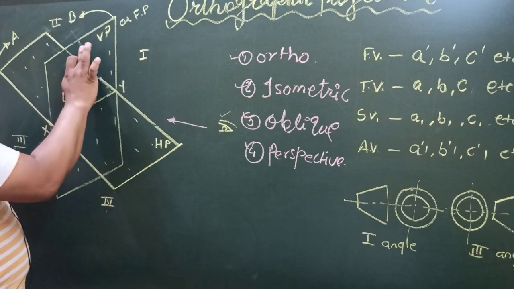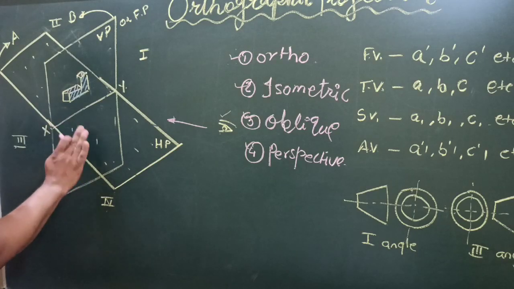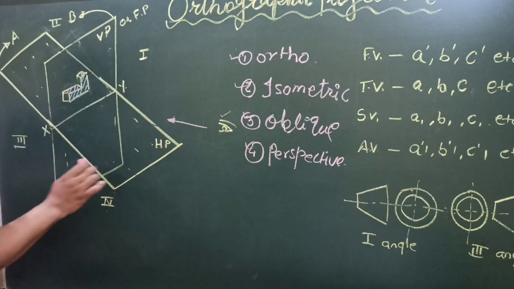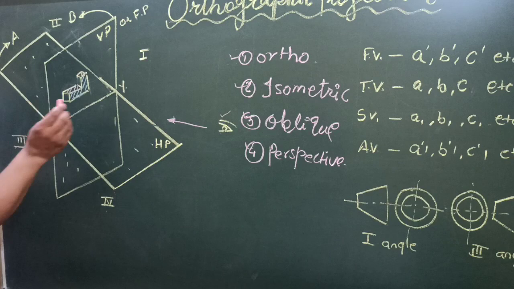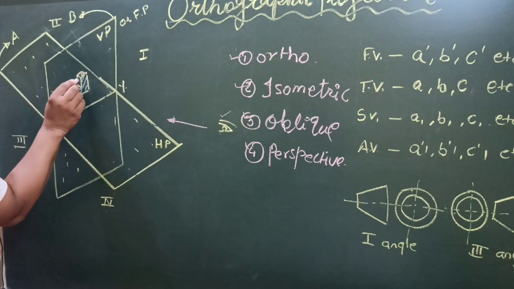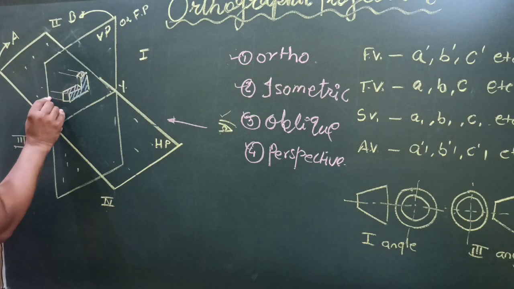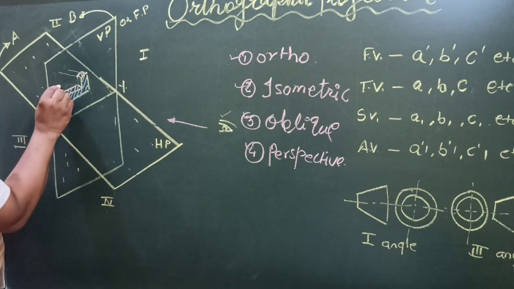Right now I am considering that the planes are not transparent, unlike when we consider them transparent. So now the rays of light will be striking here, here, and a shape is formed here.